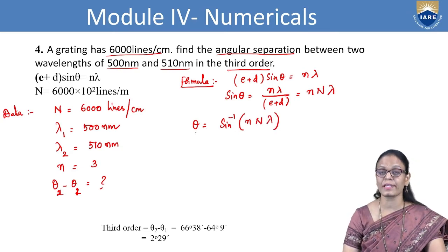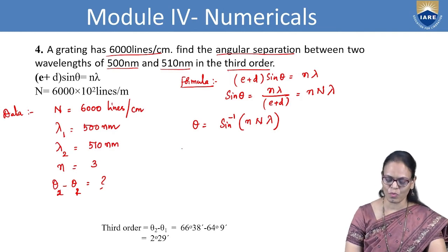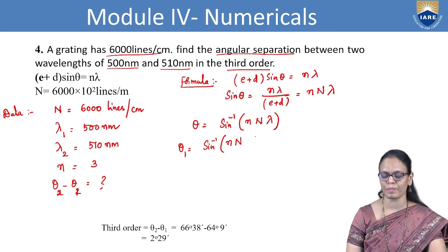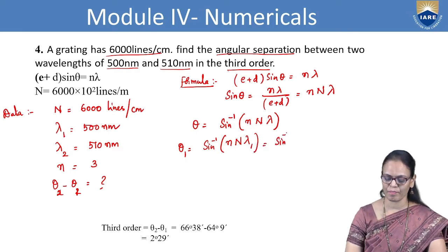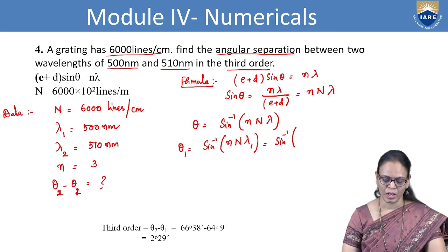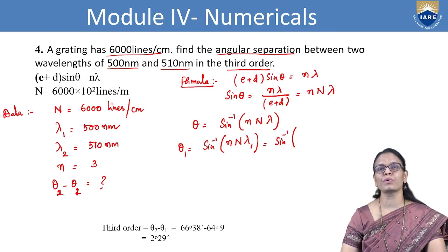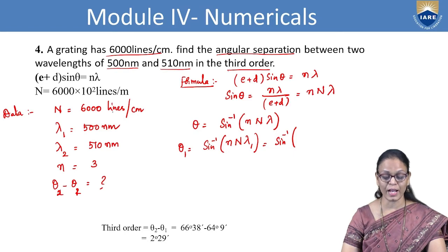Okay. Now let us calculate first theta 1 and then theta 2 and then find the separation. So what will theta 1 be equal to? Sine inverse. The order will not change. The number of lines per centimeter will not change, but the wavelength will vary. So I'll write lambda 1. Here, if we see the units, this is 6,000 lines per centimeter and this is in nanometer.